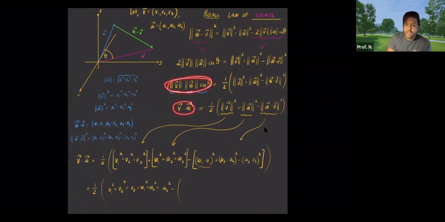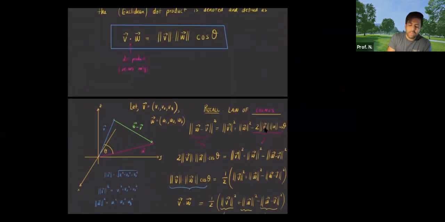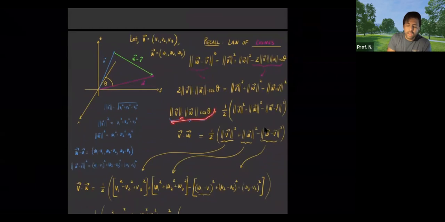This is the way the dot product was originally defined: V dot W is the product of the norms of the vectors multiplied by the cosine of the angle. So now I can replace this with V dot W. And now I have all this stuff here just by the algebra of moving things around.